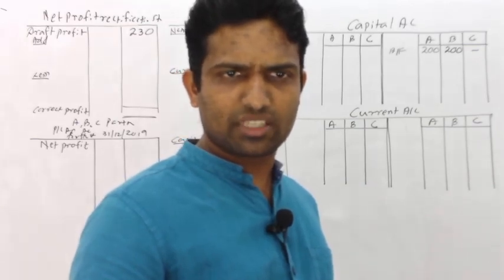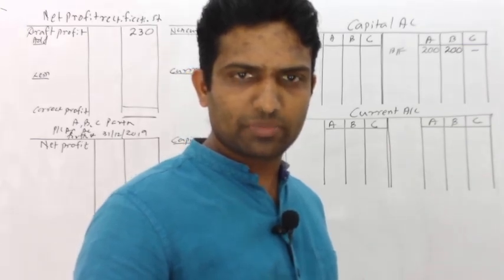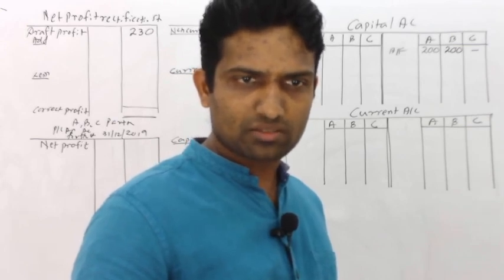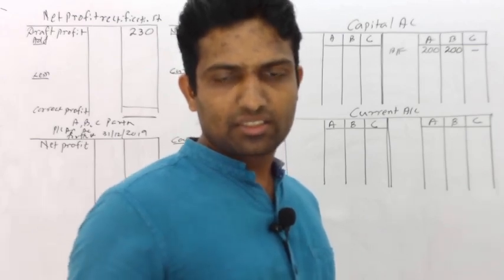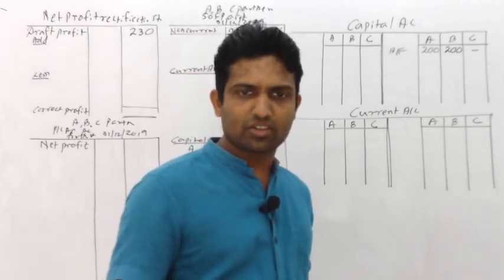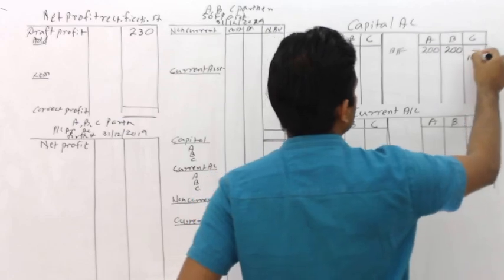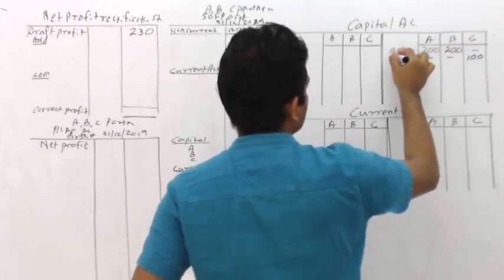Question says at the beginning, C joined the partnership at the beginning. No entry was made in books except recording capital introduced by C. That means capital brought by C has been recorded. Therefore, that 100 you can see here. This is capital introduction. Can say cash or something.